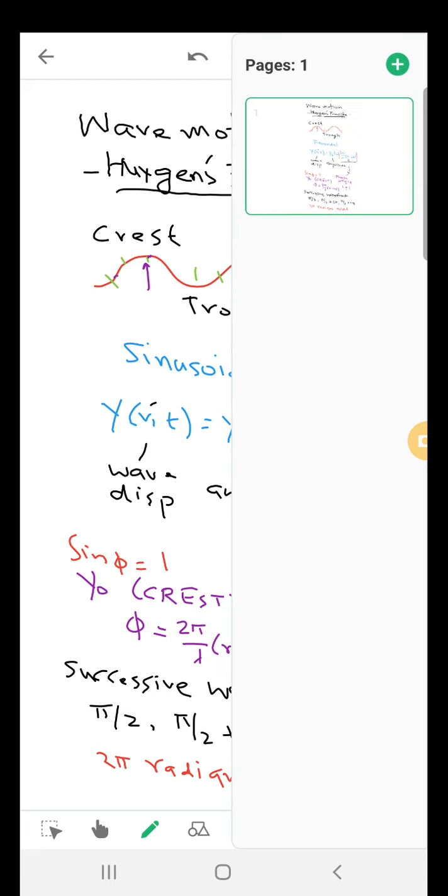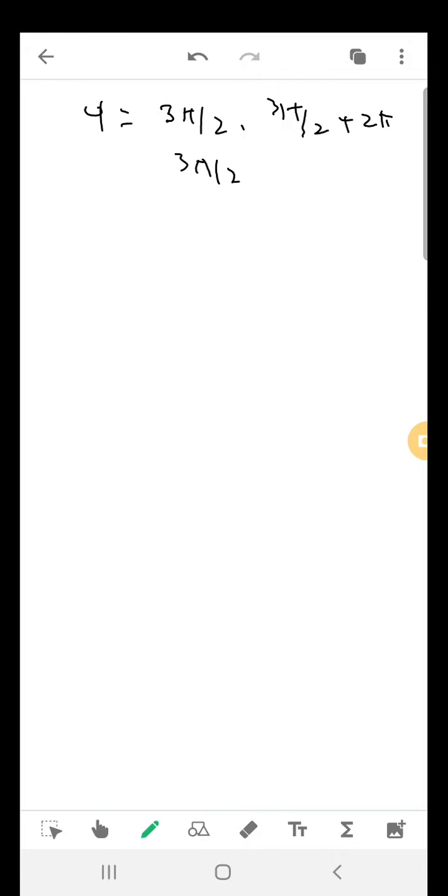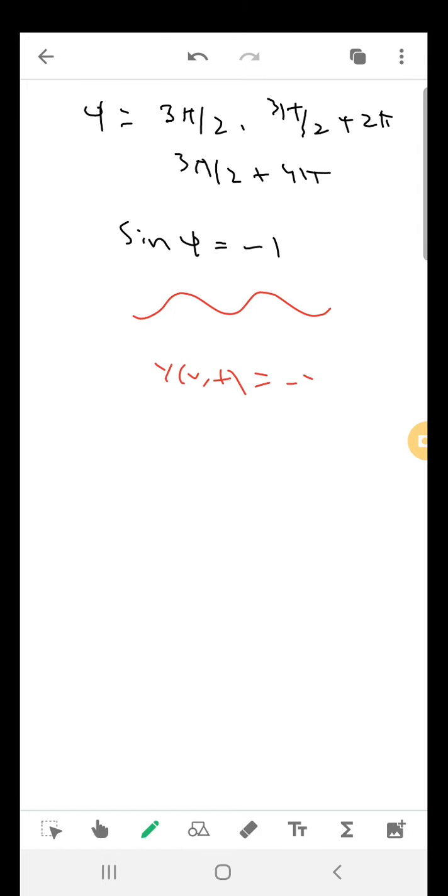However, if we take the values of phi to be 3π/2, or 3π/2 plus 2π, or 3π/2 plus 4π, then sin phi will be equal to −1, and so in the wave y(r,t) will be equal to −y0, so it will be the lowest point.